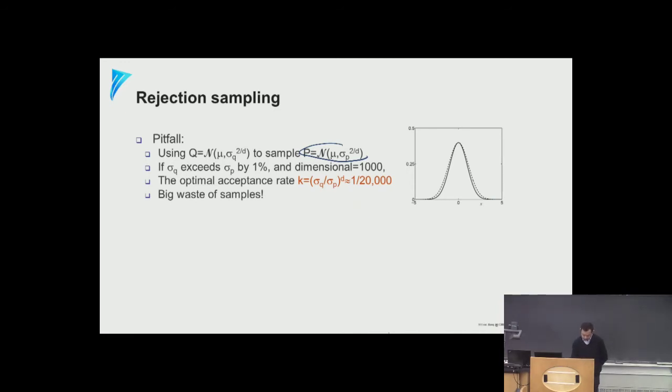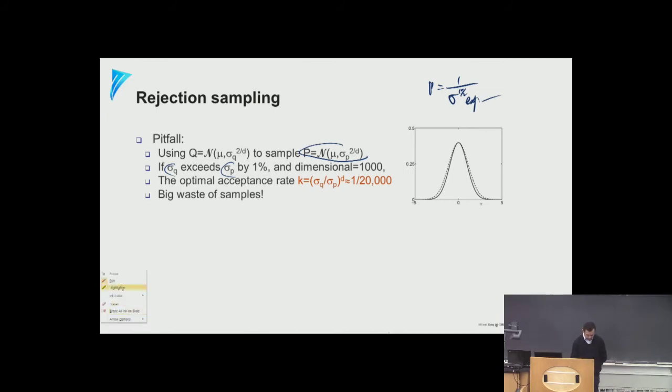So, you can imagine the true Gaussian has a variance, and my proposal has another variance, and they differ only by 1%. And remember the definition of a Gaussian: it's basically 1 over 2 pi to the power of d over 2, and then the exponential of something like that, right?